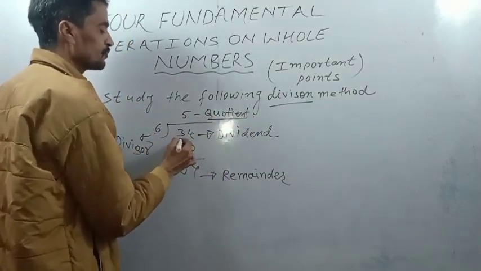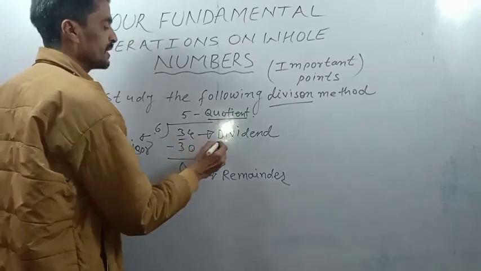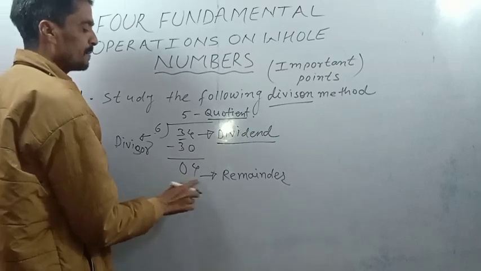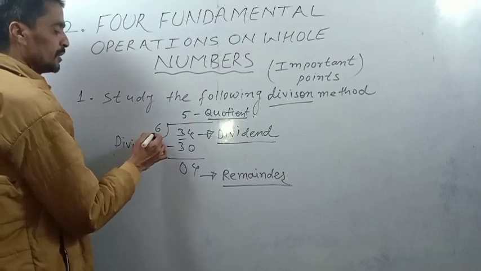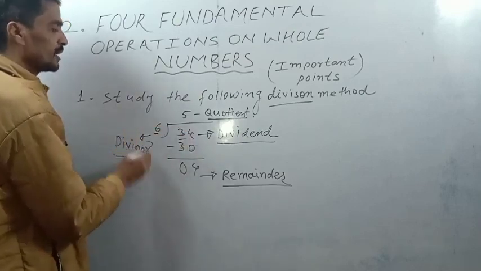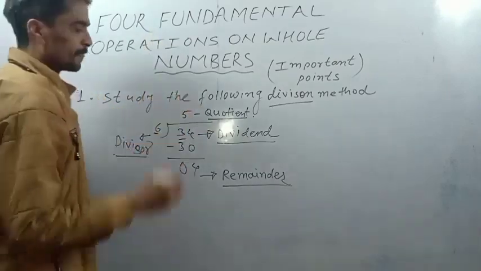The number which we divide is the dividend, the number which remains is called the remainder, and the number by which we divide the dividend is called the divisor. This is the first point in the second chapter.